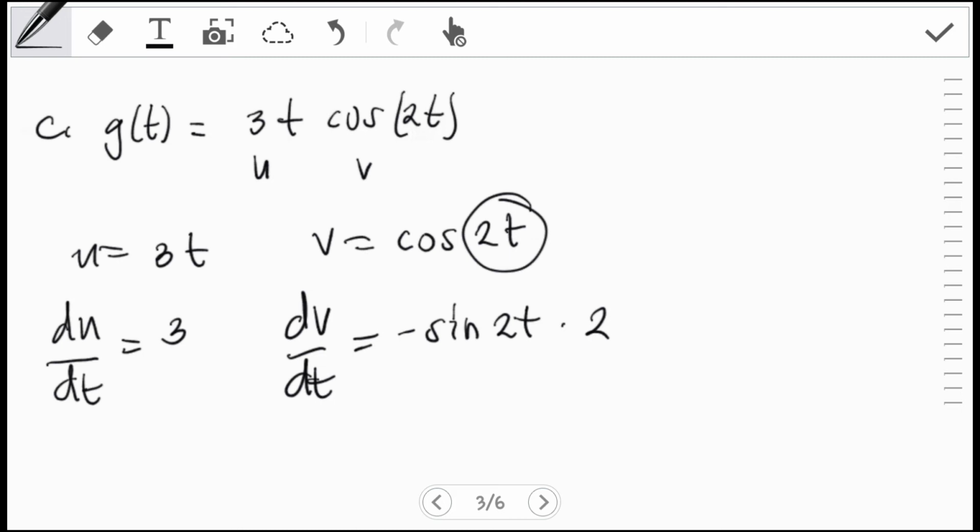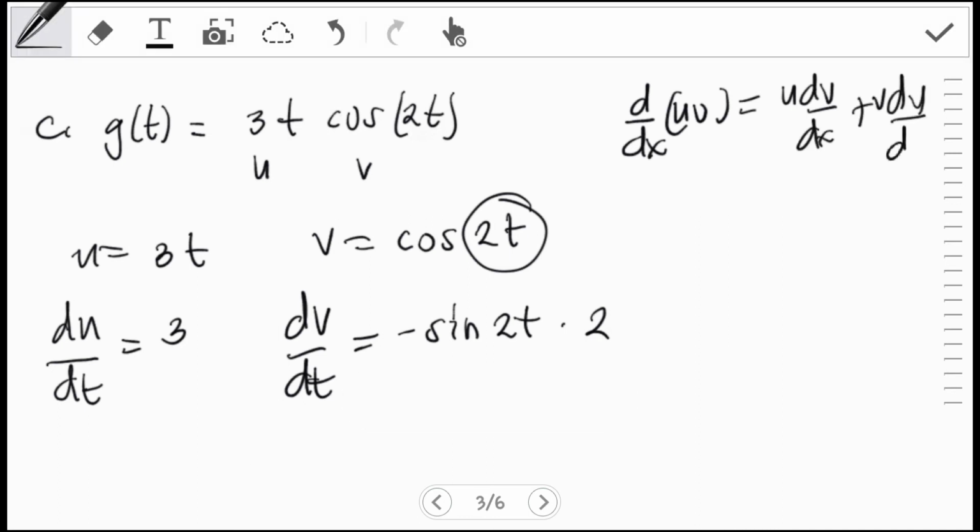So use this formula: d over dx of uv equals u dv over dx plus v du over dx.